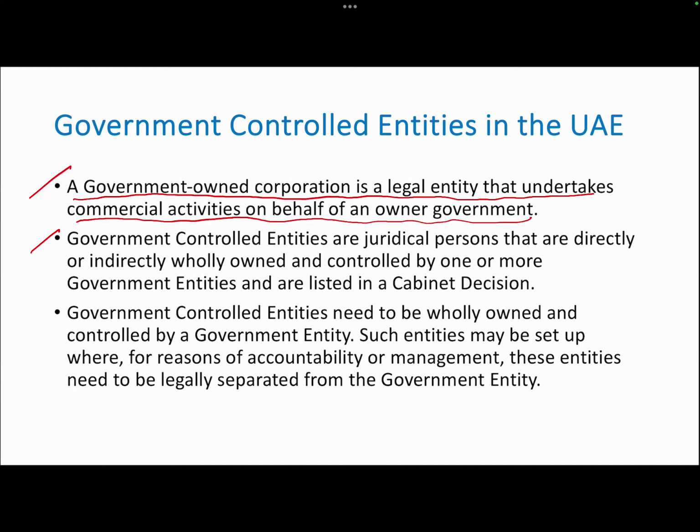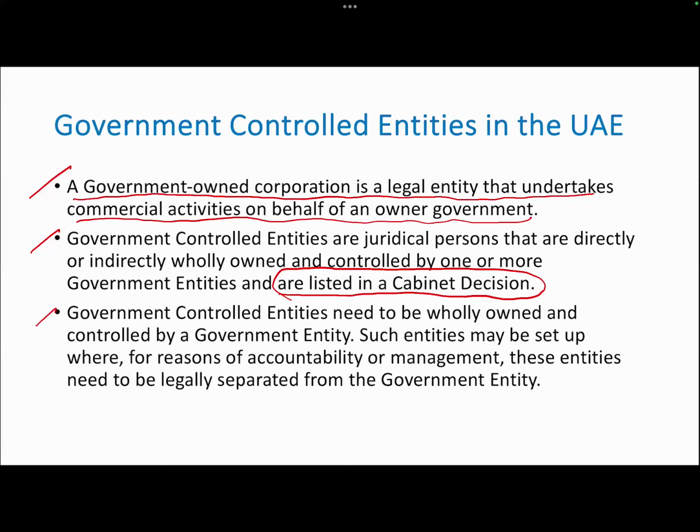The most important thing is that they should be listed in the cabinet decision. Only then will they be called government controlled entities.